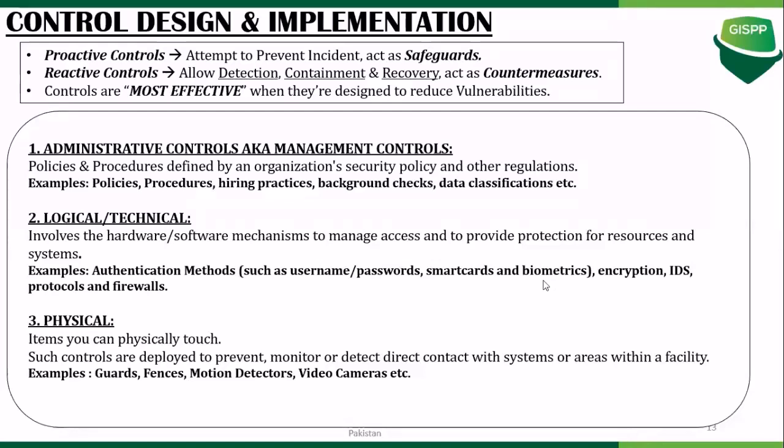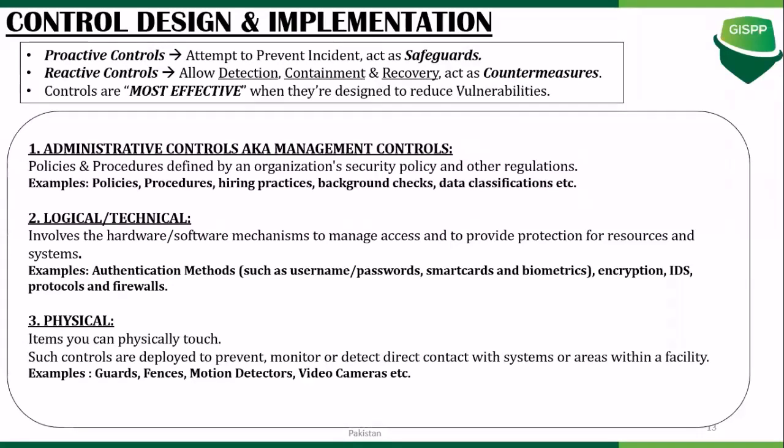So the third kind of control are the physical controls. These are put in place to protect the facility, the personnel, or the resources as well. Now, there seems to be confusion often between the logical or technical and the physical controls, because if you check the example, a firewall itself could be a physical device as well, but the purpose of the firewall is not to protect a physical facility.